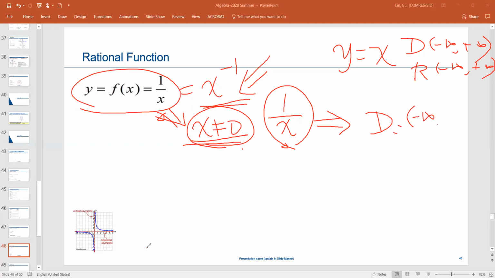Right now the domain is negative infinity to 0, and 0 to positive infinity, because x cannot equal 0. All right, so let's graph what it looks like. I put something here in the right bottom corner. Let's zoom in here.